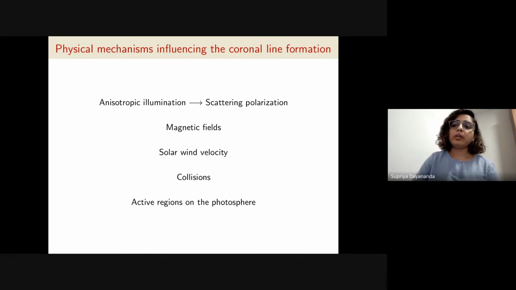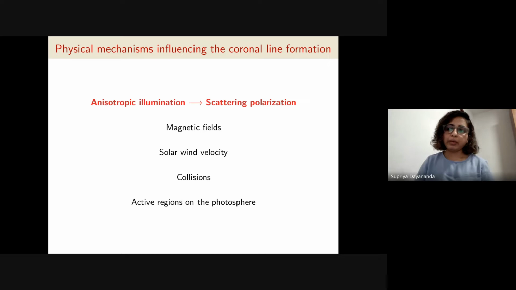The first important mechanism is the anisotropic illumination. Like I said, it leads to scattering polarization or atomic polarization. Whenever the atoms in the solar corona see the radiation from the underlying layers, which are anisotropically illuminated, then the magnetic sublevels of these atoms are unevenly populated, leading to scattering polarization.